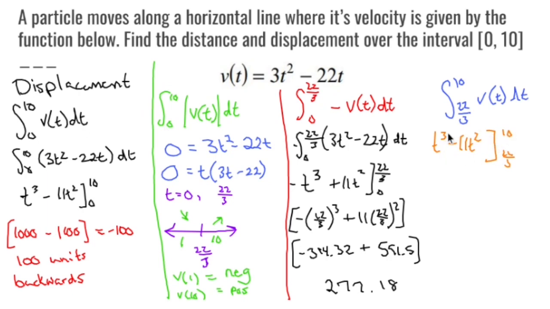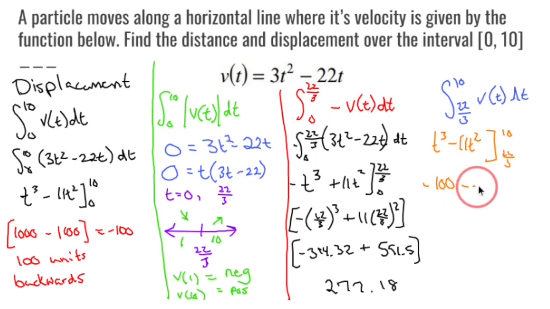The nice thing about this one is I know what's going to happen, because I plugged 10 in over here and got negative 100. When I plugged in 22 over 3 into the negative form of this, I got positive that.